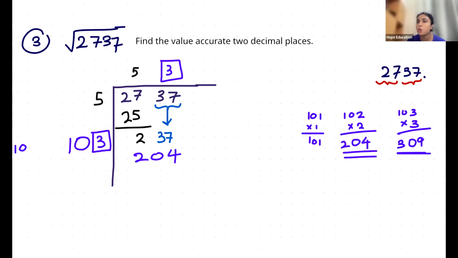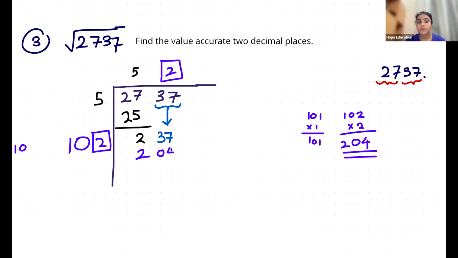That is extremely too much, since what we have is 237. So 103 doesn't work. 102 is the right one. 102 times 2, we already found the answer, is 204. So we put 204.